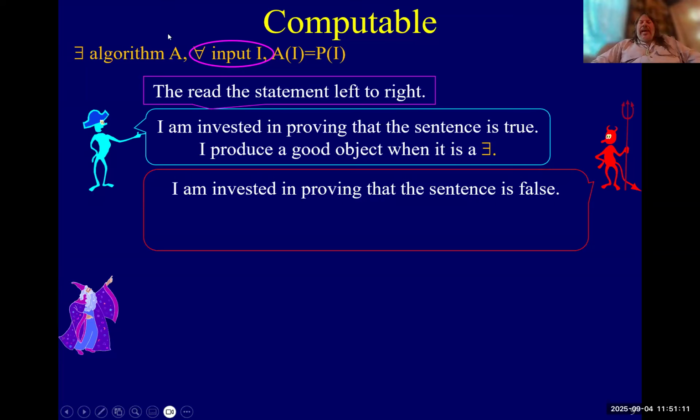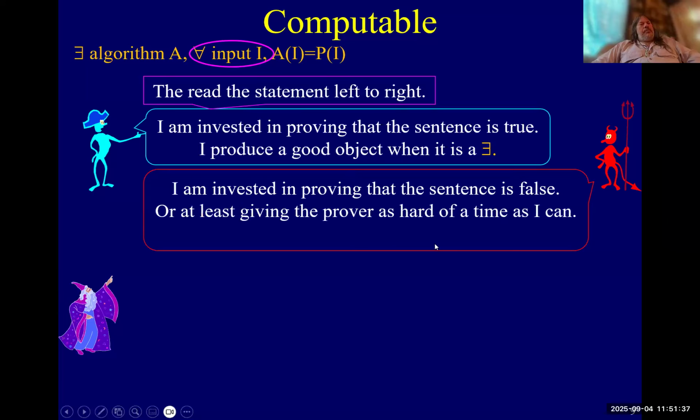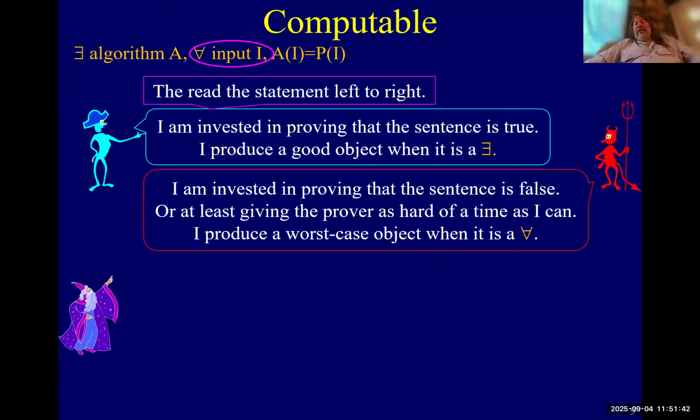The reason the order matters is that in this game, the prover comes up with the algorithm first, and then the adversary, since the adversary goes second, knows the algorithm. So knowing the algorithm, we talk about worst case inputs, and the adversary is going to supply the worst case input. All right, so the adversary tries to give the prover a hard time by producing the input.